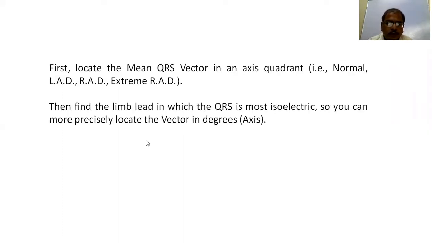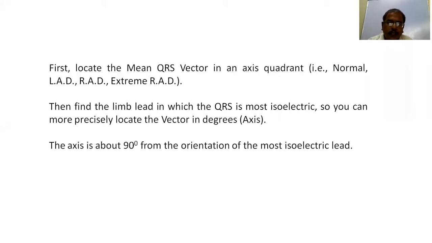Then find the lead in which the QRS is most isoelectric, so you can more precisely locate the vector in degrees. And the axis is about 90 degrees from the orientation of the most isoelectric lead.